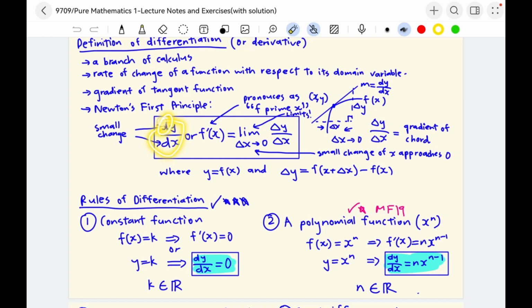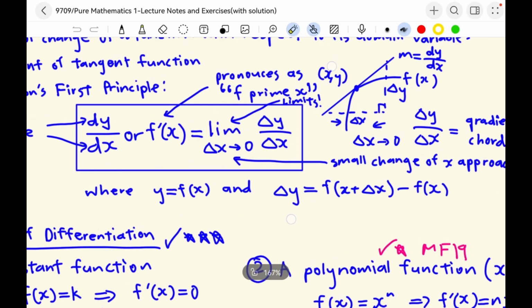So d, tell me what is d? D refers to small change, okay, or the f prime x. Well, instead of pronouncing this f prime x, you can say the gradient function of fx, okay? As long as you know its meaning, right?